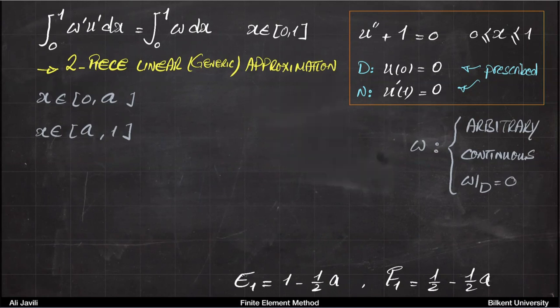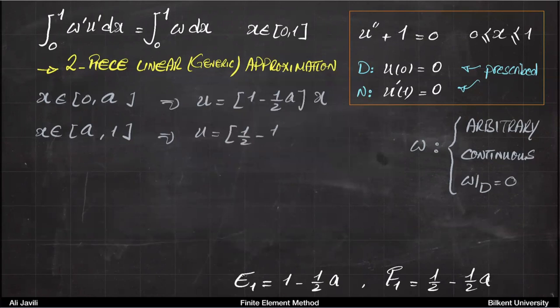Now that we have that, we can say if X is from 0 to A, displacement would be (1 minus 1/2 A) times X. And if X is from A to 1, then U is (1/2 minus 1/2 A) times X plus 1/2 A.